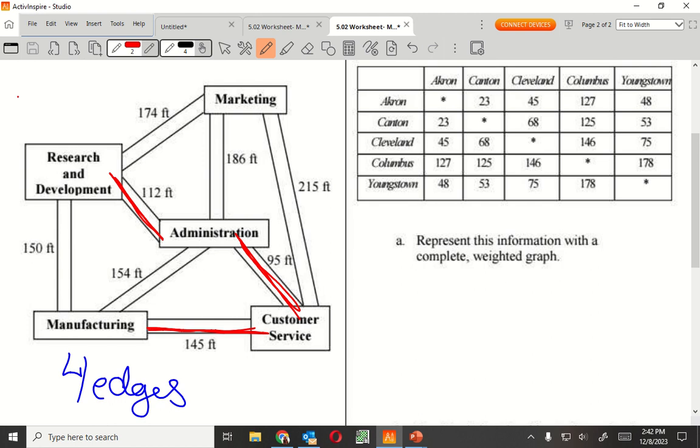Because it creates a circuit. So I can't use 150. Why not 154? It also creates a circuit. And then I have one more edge, and I have to connect the marketing building. So I could choose 174, 186, or 215, and then we choose 174.